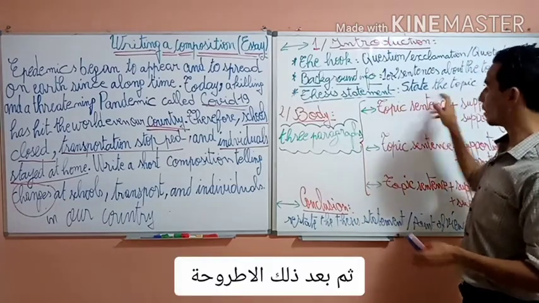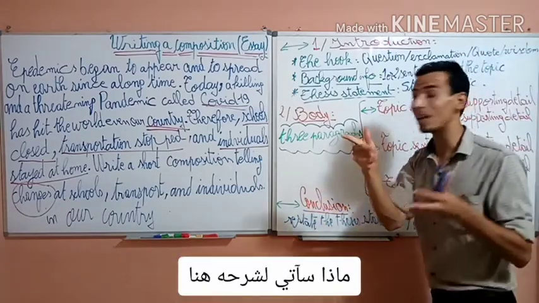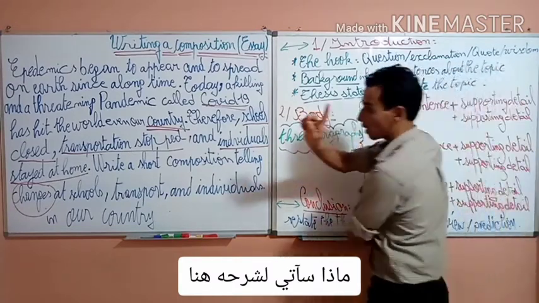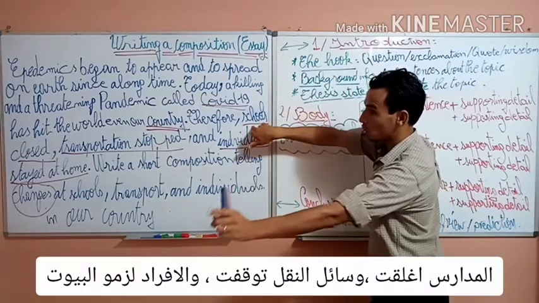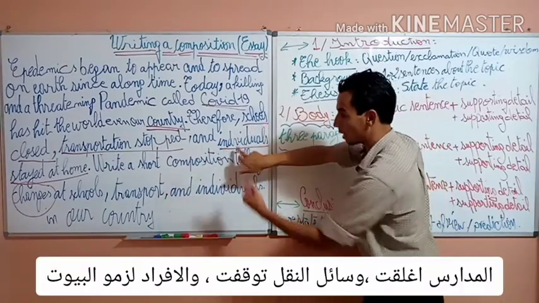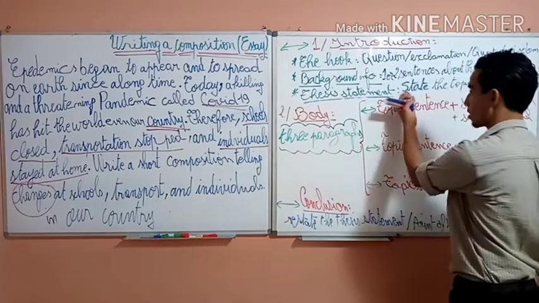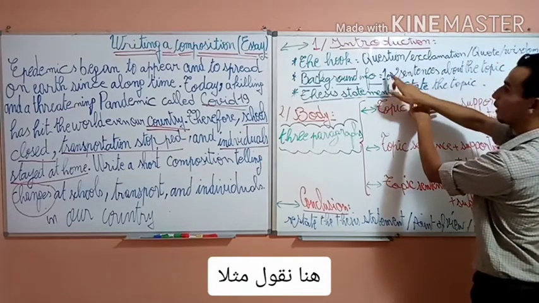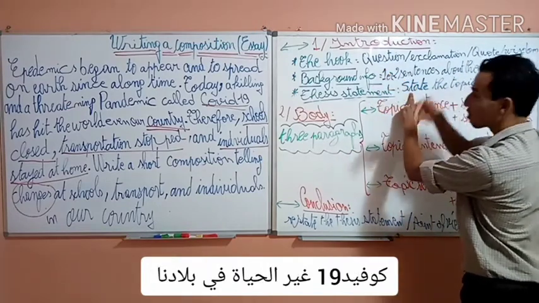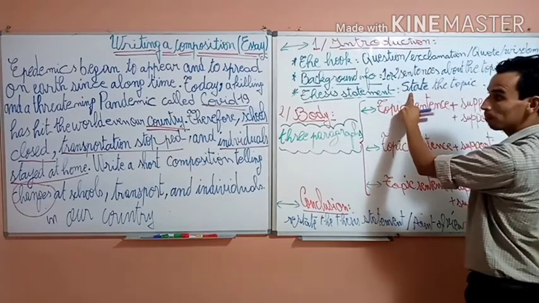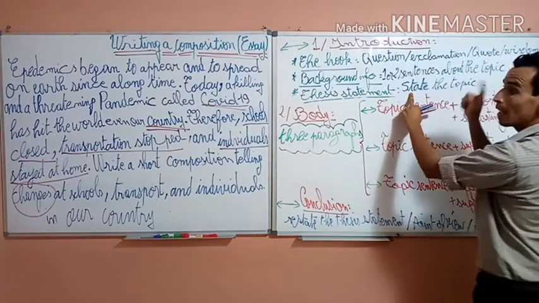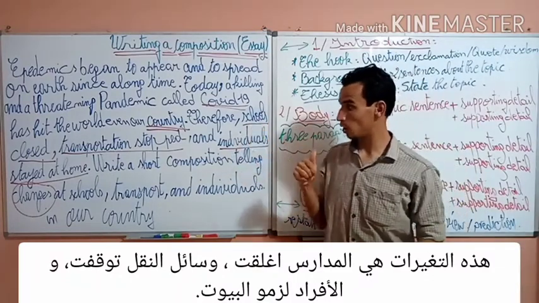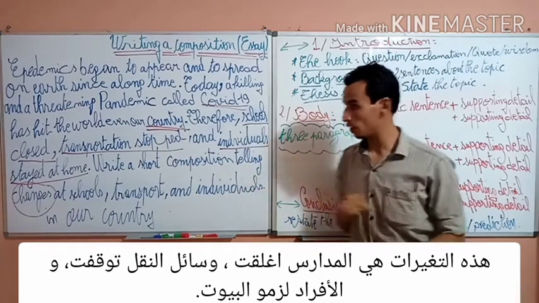Then the thesis statement, I restrict what I'm going to explain here. What I'm going to explain is schools closed, transportation stopped, and individuals stayed home. So what do I say? Here we say, for example, COVID-19 has changed life in our country. For example, these changes are schools closed, transportation stopped, and individuals stayed home.